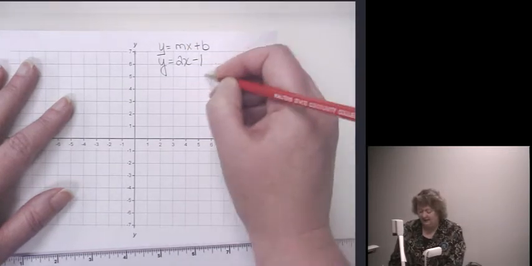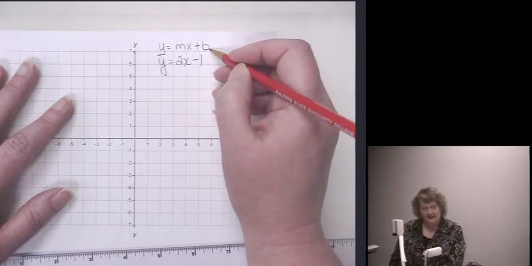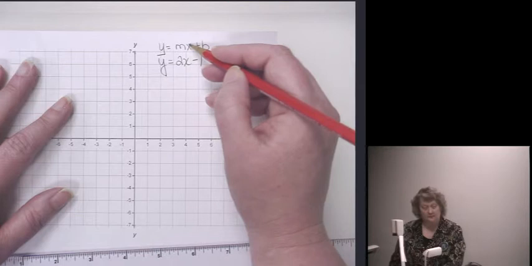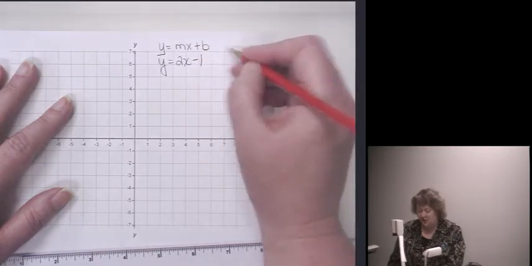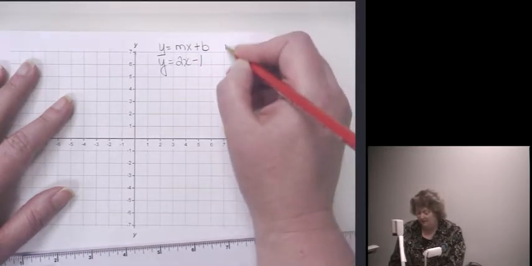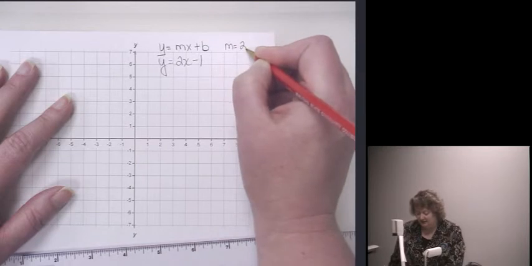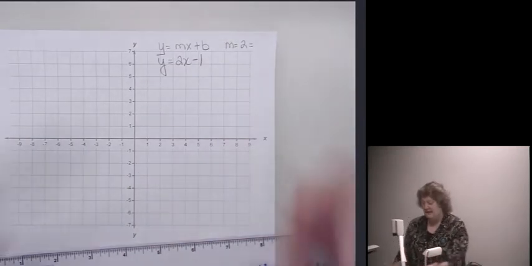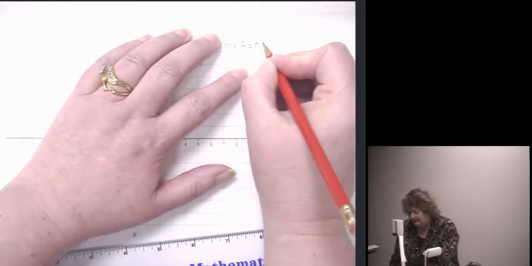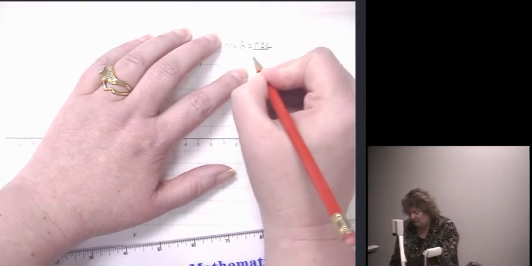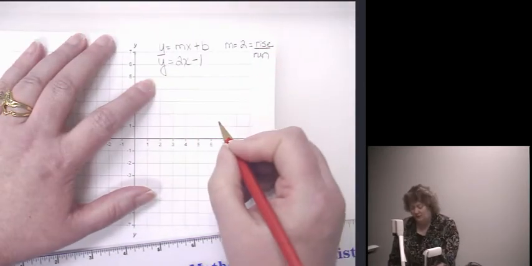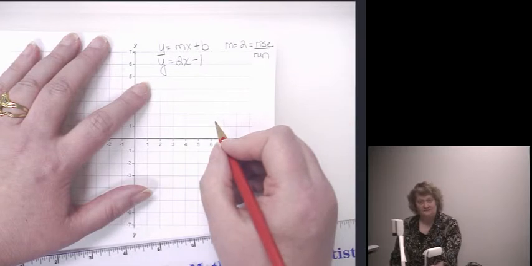Our y-intercept in this case is the number by itself, and the slope is always the number in front of the x. So our slope in our problem is 2, and since slope in a graphical or visual representation is rise over run, we want to write our slope in fraction form.